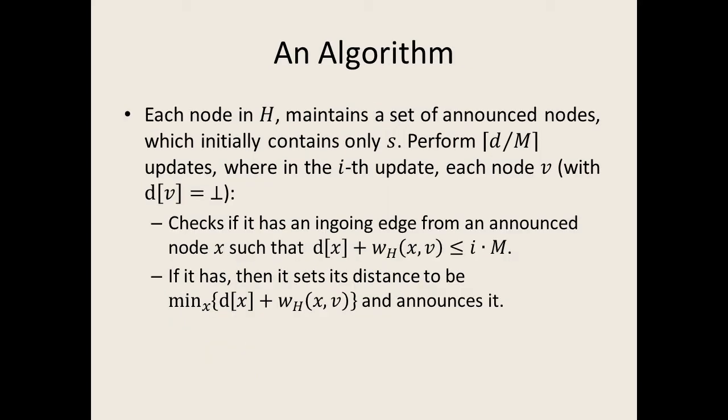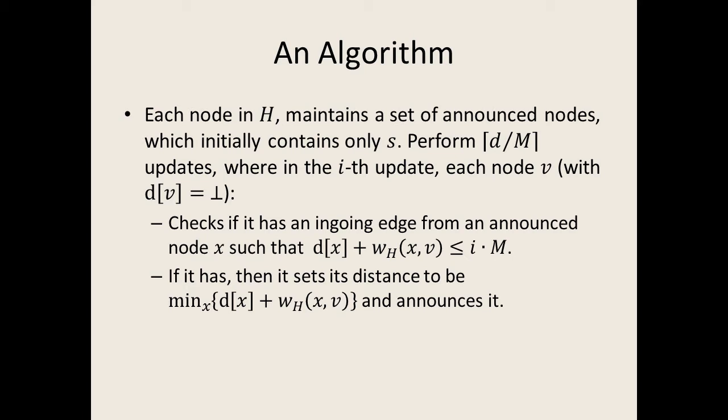More explicitly, each vertex is going to maintain a set of announced vertices, which initially only contains s, and then we perform a series of updates, where in each such update we compute the distances of the vertices that belong to the next layer until we reach the required depth.